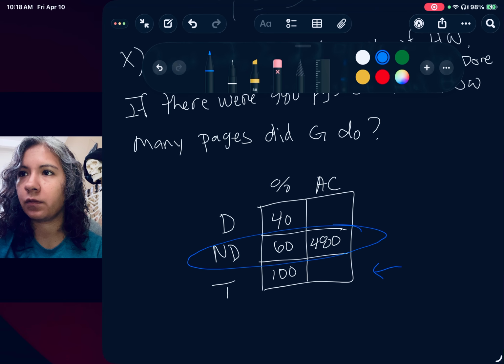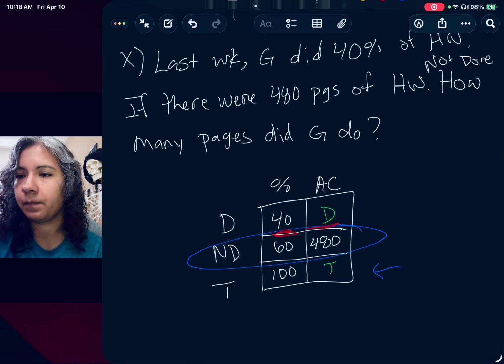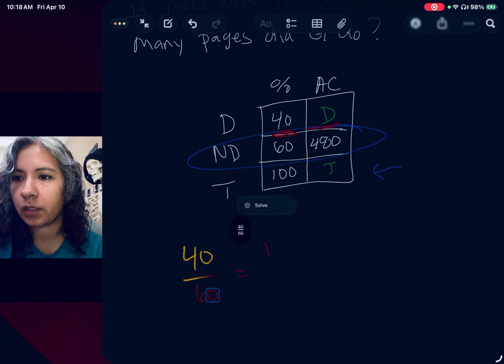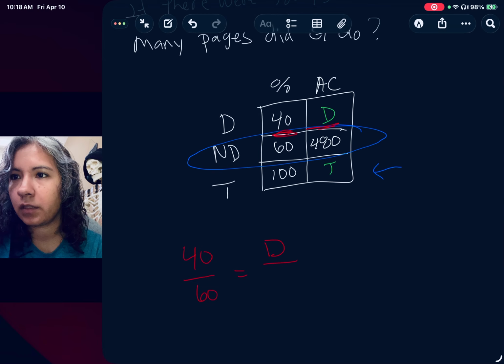We are looking for how many pages of homework was done, right? So we are going to use these ratios. I'll leave it red. So we're going to do 40 over 60 equals how many done over 480.